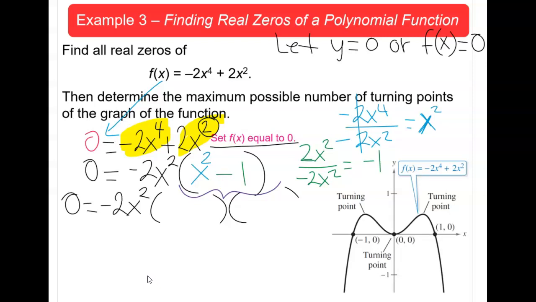But we factor them as the product of two binomials, where we take the square root of x squared, x and x. We take the square root of 1 is 1 and 1, or more specifically, plus 1 and negative 1. So that's how we factor the difference of squares.